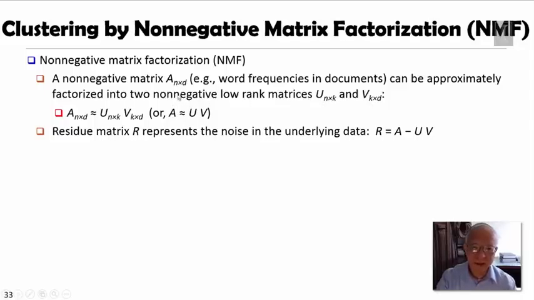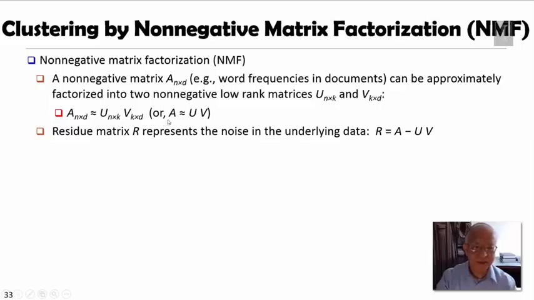Originally, A is n times d, the number of words and the number of documents. Now you get U as n times k, where k could be a much smaller value, and you get another, V, as k times d. That means one matrix A with n times d dimensions is factorized into U and V, the multiplication of these two matrices, where one is n times k, another k by d.